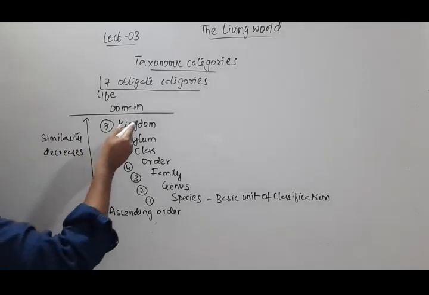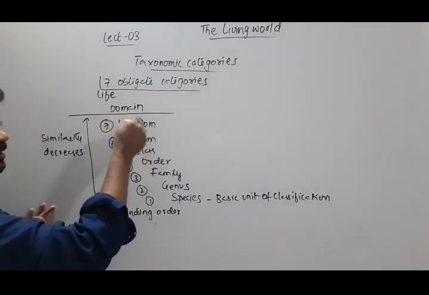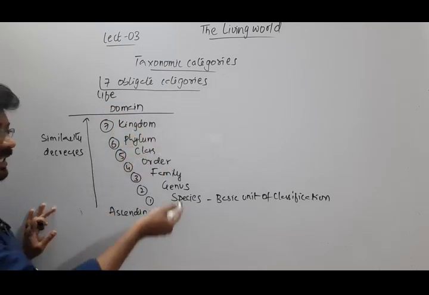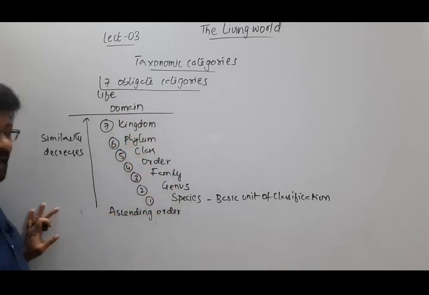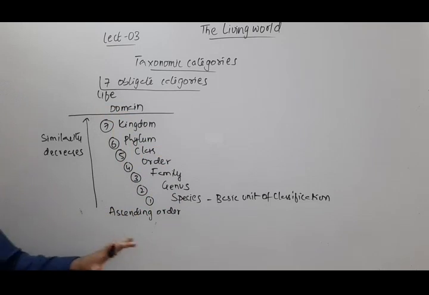As we come from the top, that is from kingdom to species, in descending order, the similarity increases.